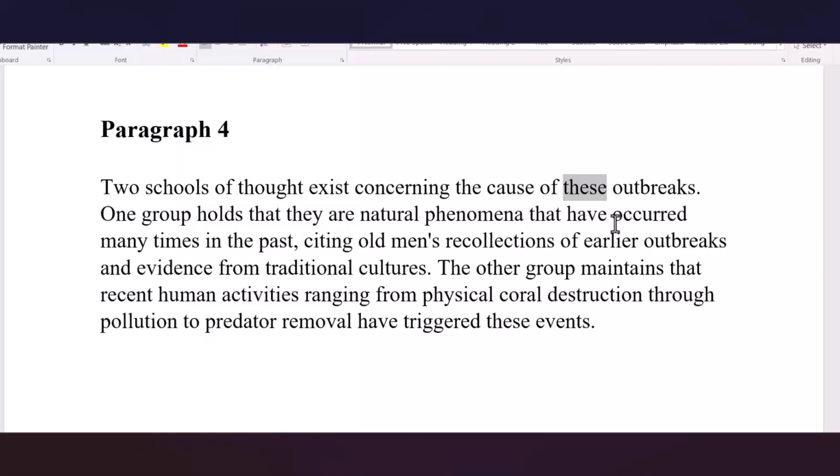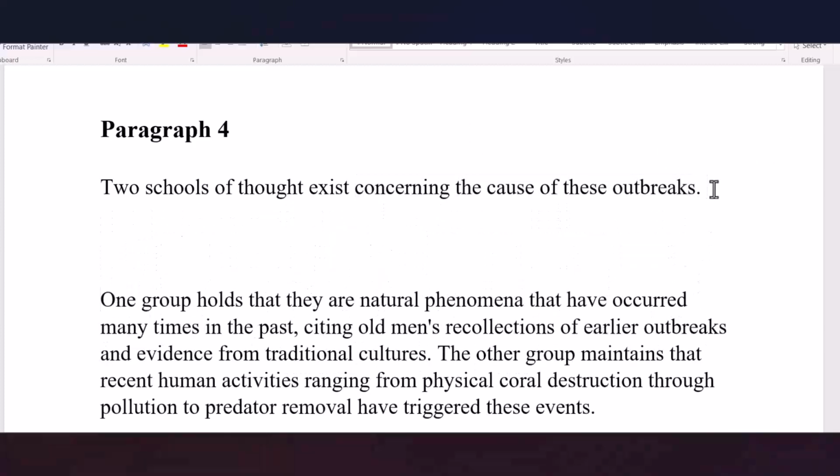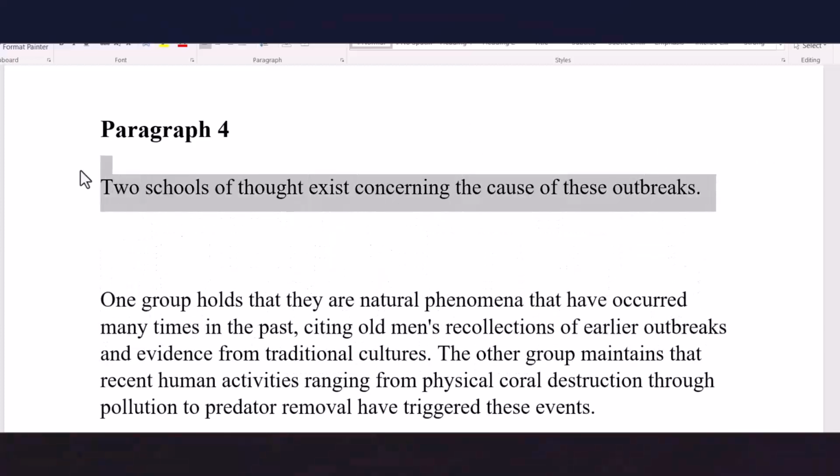So we have two schools of thought regarding these issues, and here we can interpret this clause from two different points of view. Let me discuss this further.